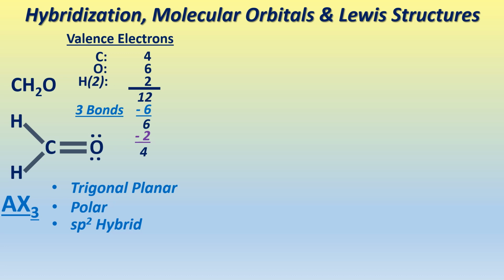Finally, the original skeleton tells me 3 sigma bonds are present. That does not contain all of the possible bonds. So you will see that the double bond to the oxygen contains 1 sigma bond, and it also contains 1 pi bond.